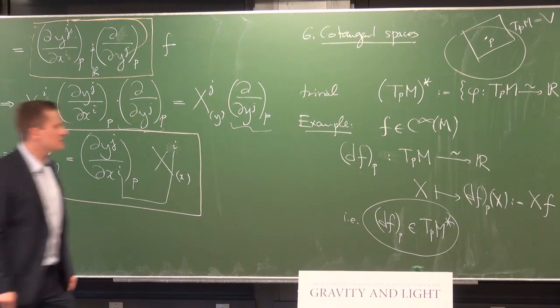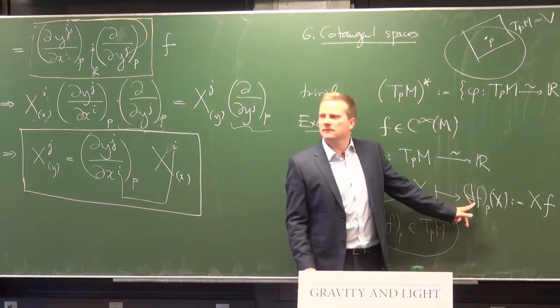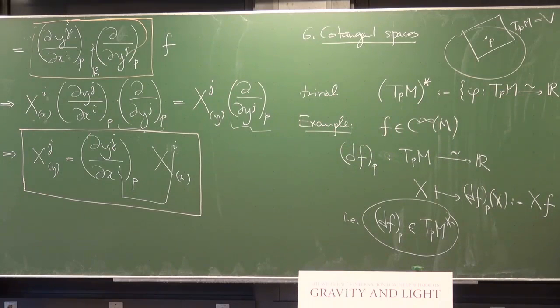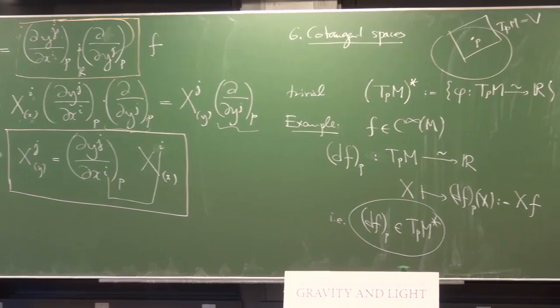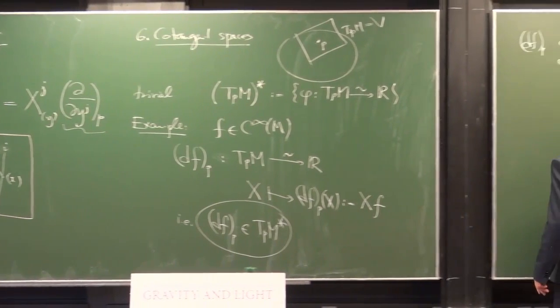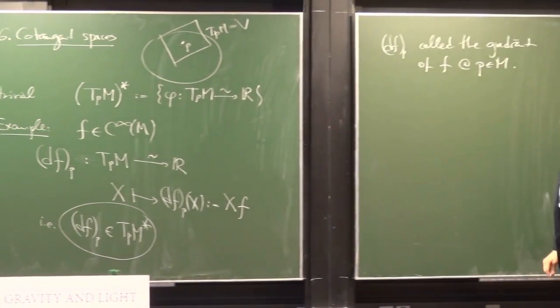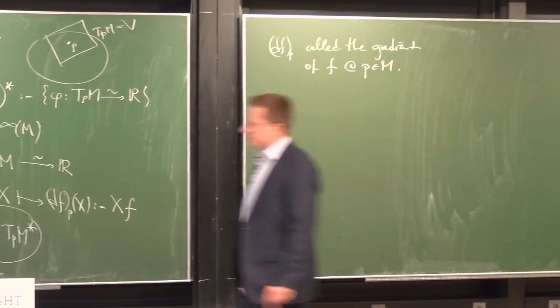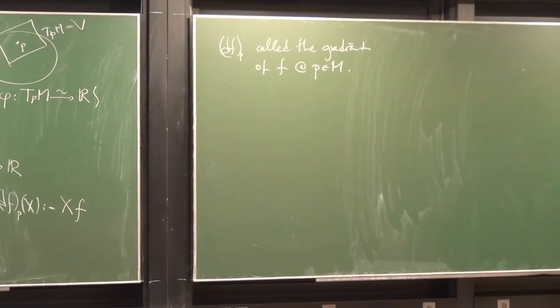And what is this? Well, this is the gradient of f. So df_p is called the gradient of f at the point p. And you do not need any charts to define the gradient.